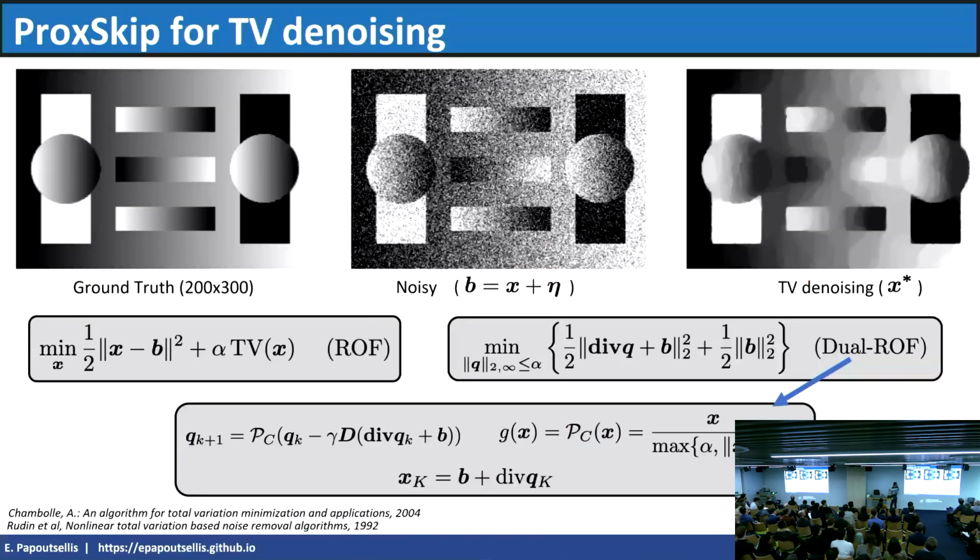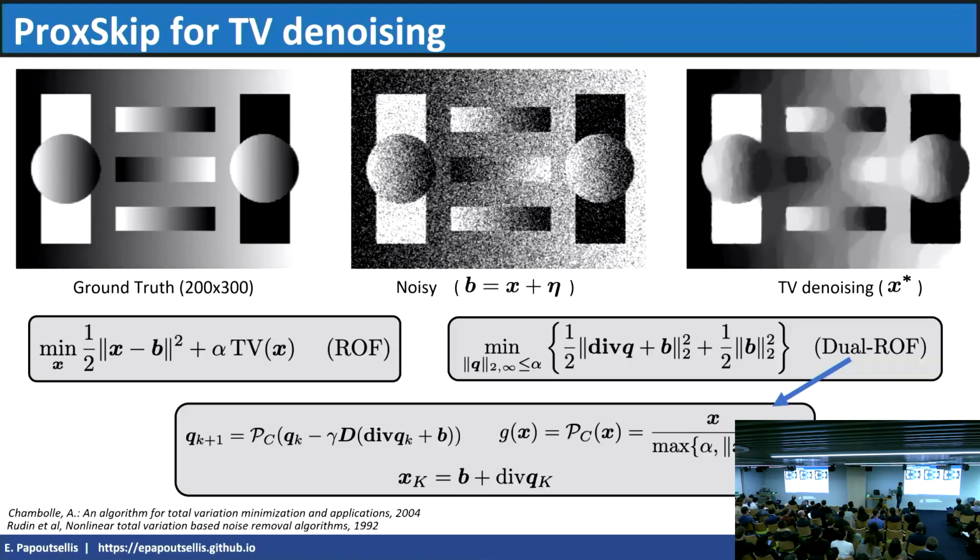Let's go back to the standard TV denoising problem on a small 2D grayscale image. We have the ground truth, a noisy image, and this is a TV denoising result. We solve this very famous problem, the Rudin-Osher-Fatemi minimization problem, using this dual representation.